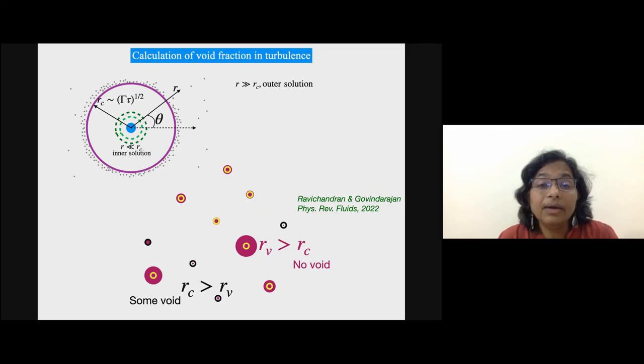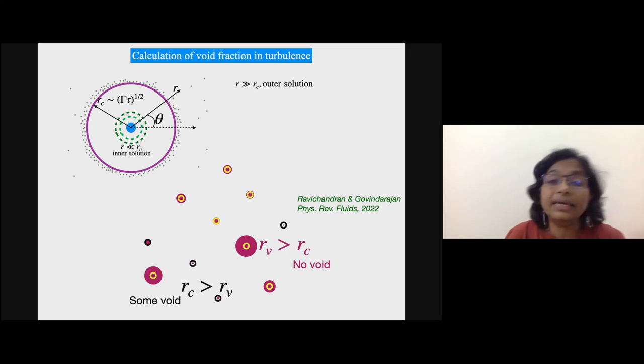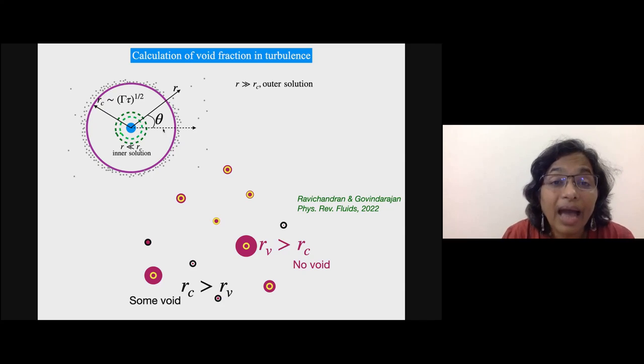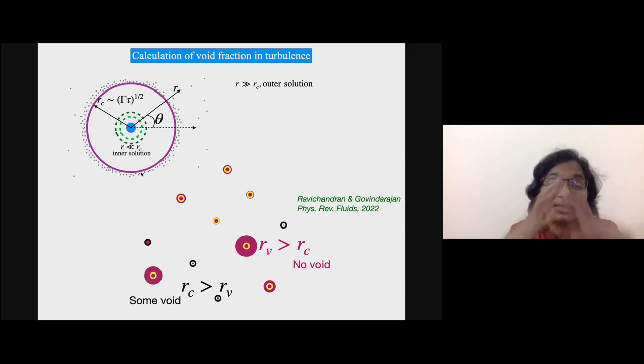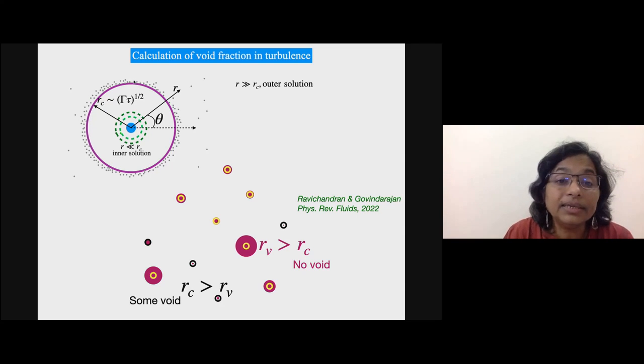For this, what we need to understand is that in turbulence, whenever you have a powerful vortex, you have particles centrifuging out, and you have a void region in the neighborhood of the vortex, and all particles agglomerating outside the vortex. So this inner solution that I talked about is valid in this region.